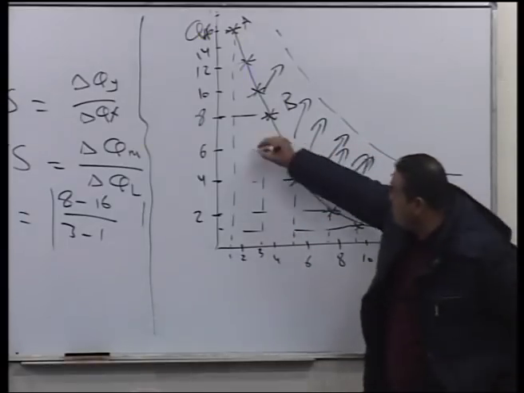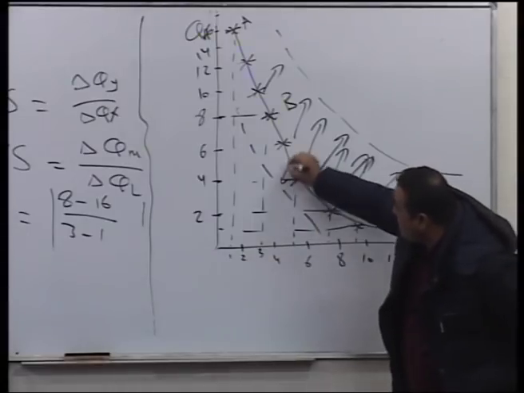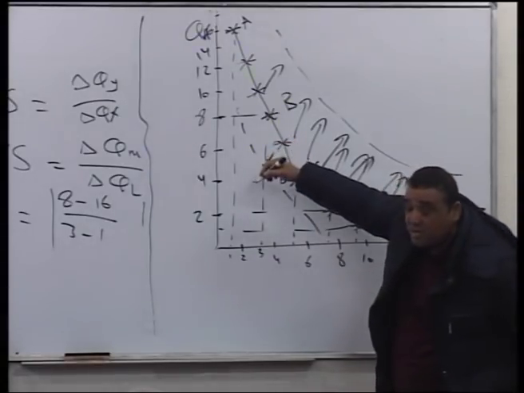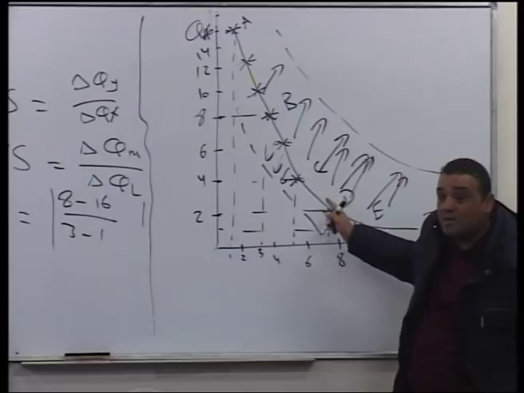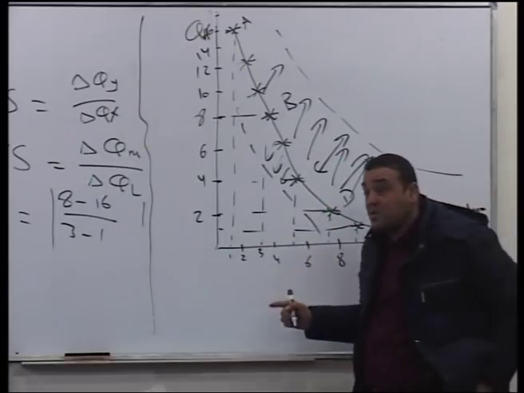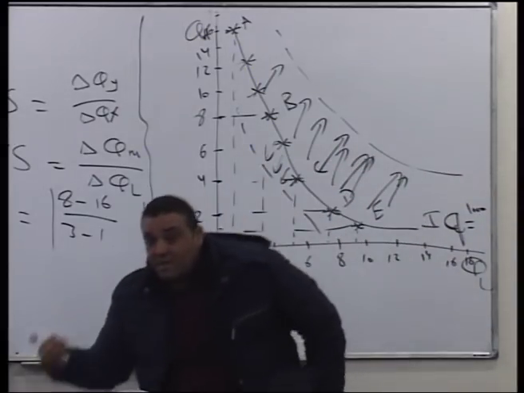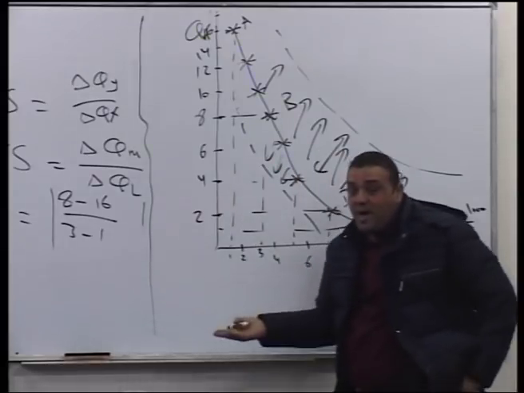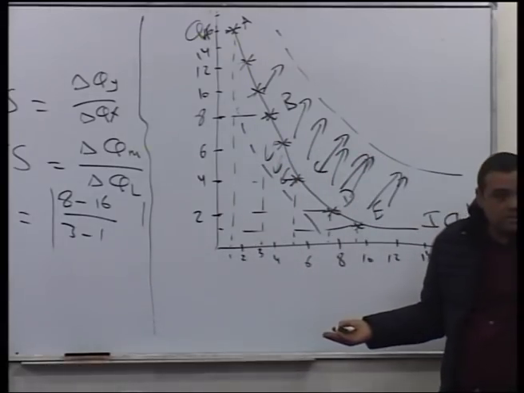A leftward shift in the isoquant curve means that the producer will get less quantities, less output.